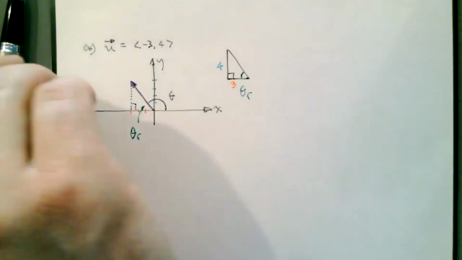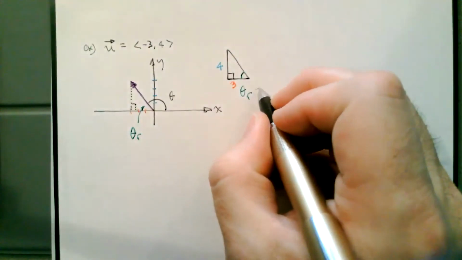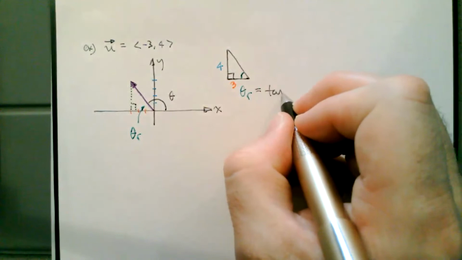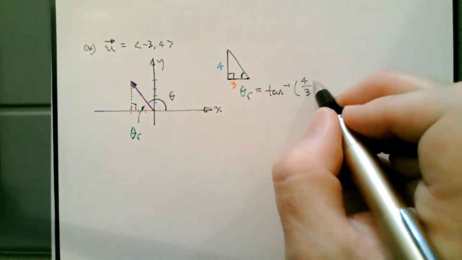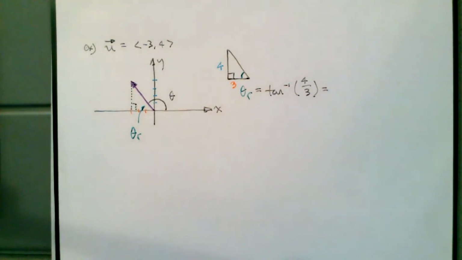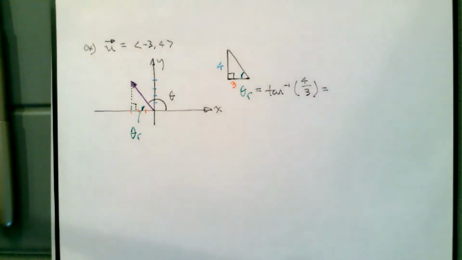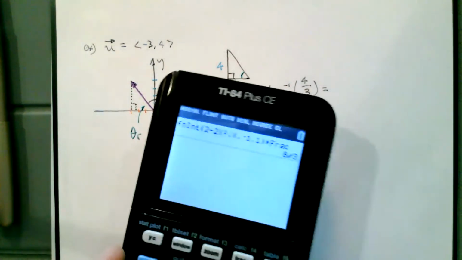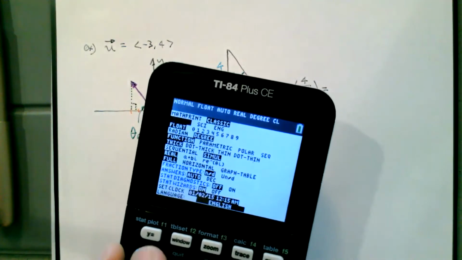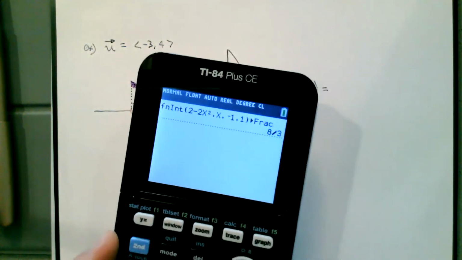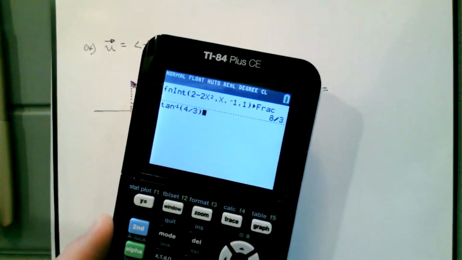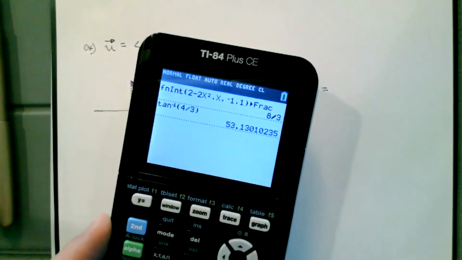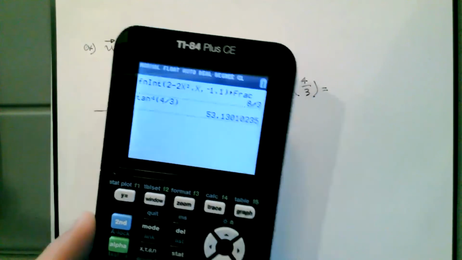So for the reference angle, we'll use tangent inverse, opposite over adjacent. We grab our calculating machine. We make sure we're in degrees. And we find the tangent inverse of 4/3. 53.1 degrees.